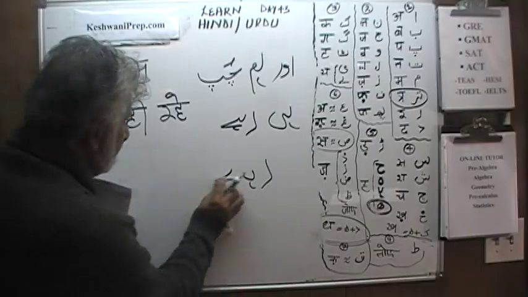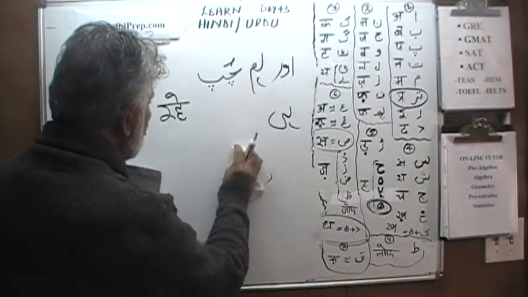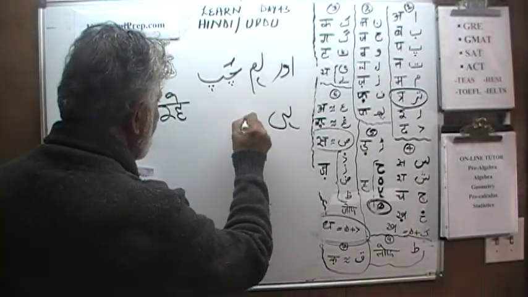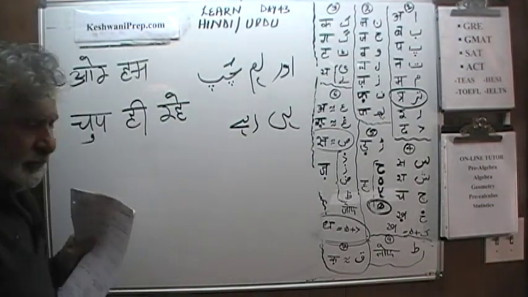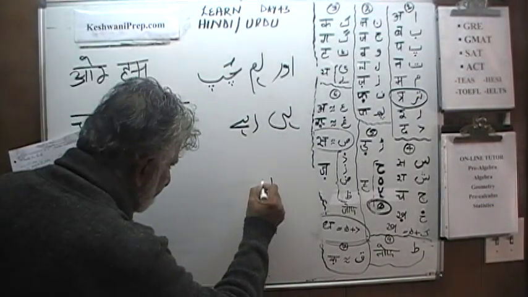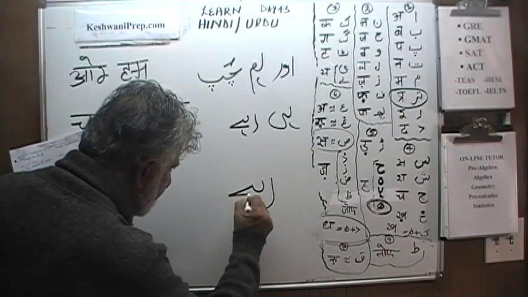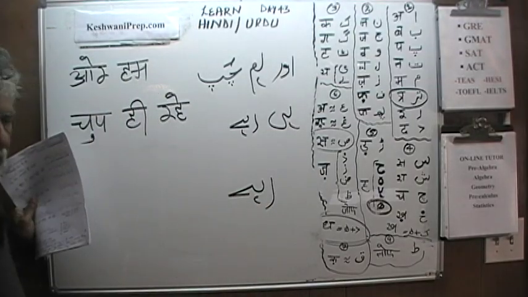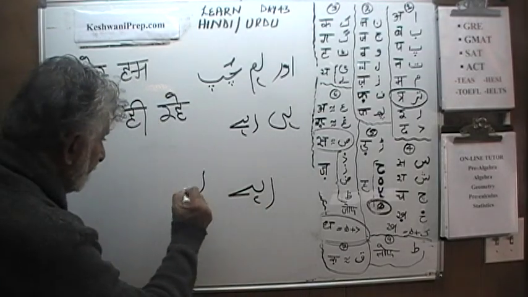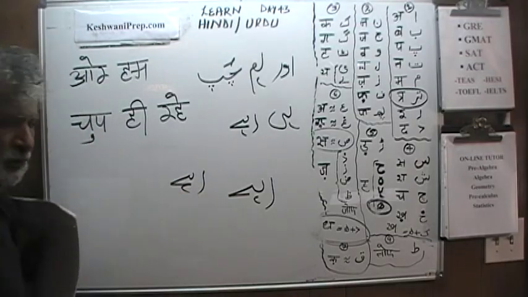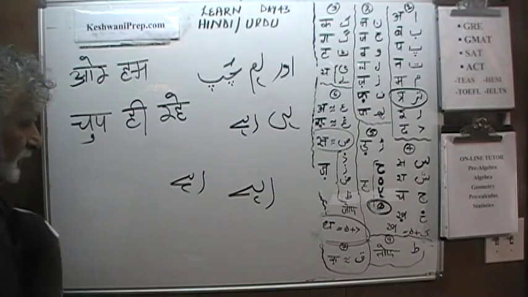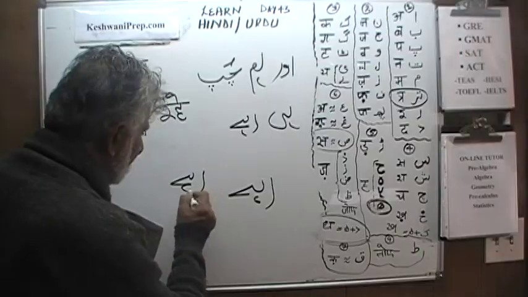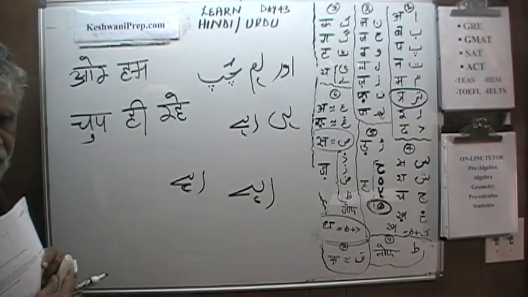As you just noticed, I didn't mean to do it that way, but that's just the way it came out. So this is ra, we make a loop for the ha, and then it's badi a, and then it goes like this. People just do it like this, which is also fine. They don't take the time to lift their hand and make a separate one. It just comes down, and the reader will understand it.